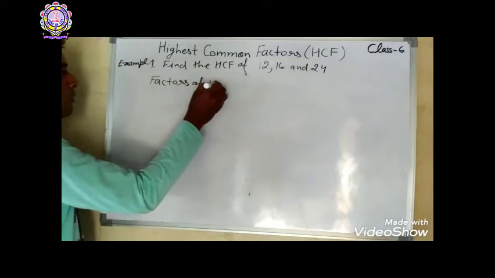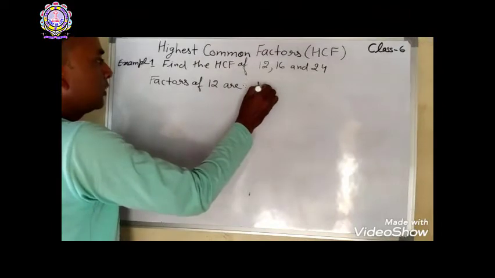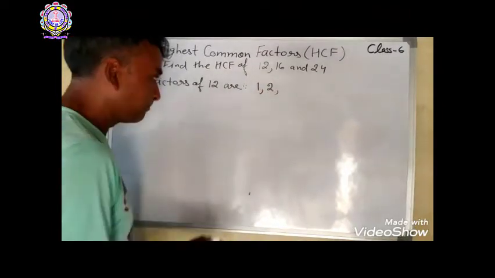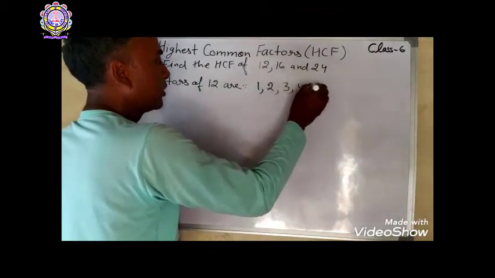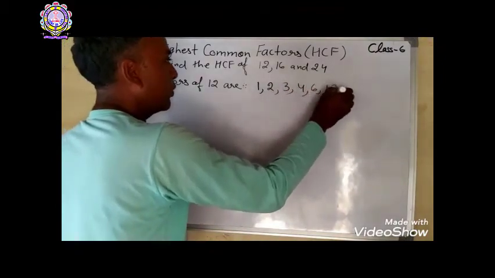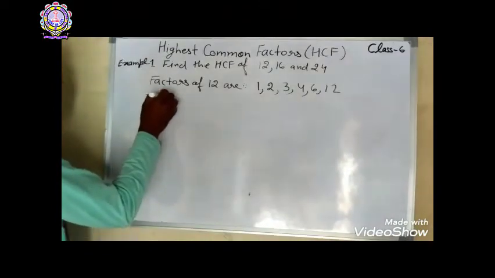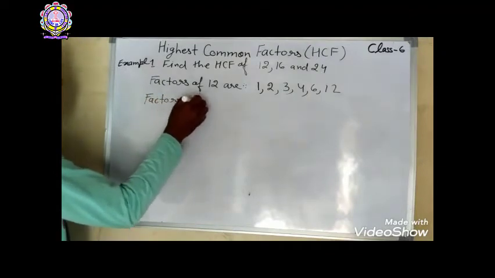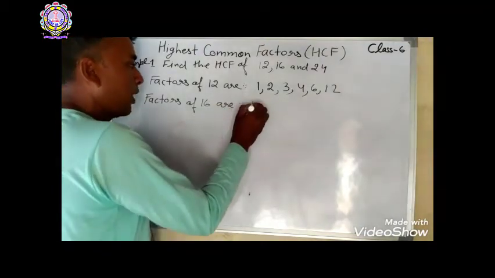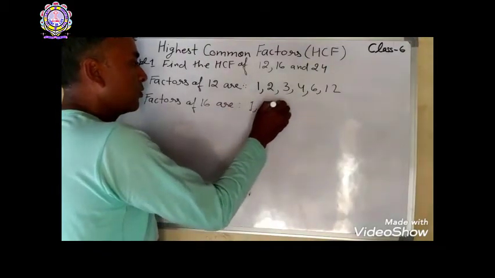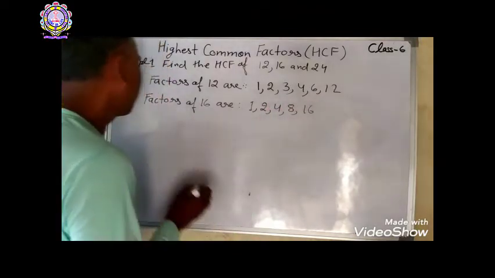Factors of 12 are 1, 2, 3, 4, 6 and 12. Factors of 16 are 1, 2, 4, 8 and 16.